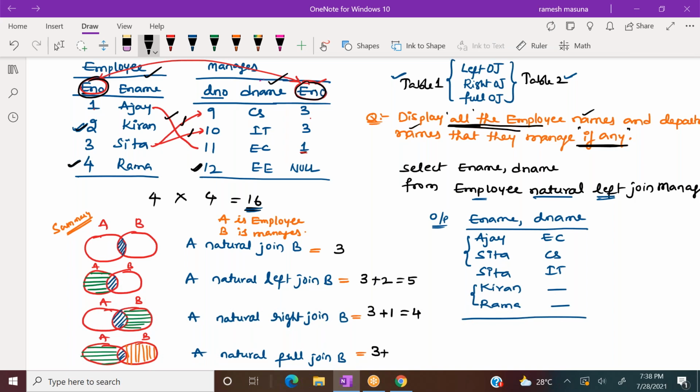And full outer join will give you non-matching in the left side, 2, plus non-matching in the right side, plus 1, so totally 6. So the answer is 3, 5, 4, 6. Please check it out. If you have any doubt, you can ask me. Is it clear? If clear, we'll move to the questionnaire.